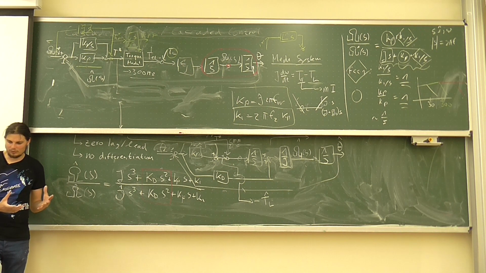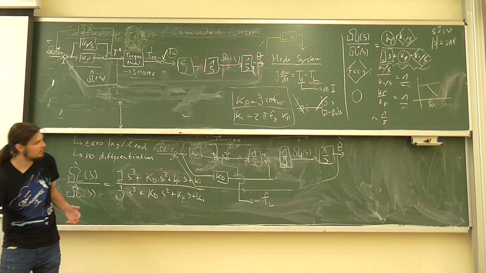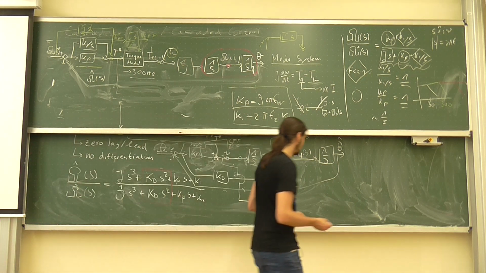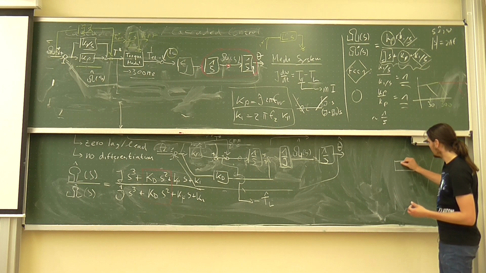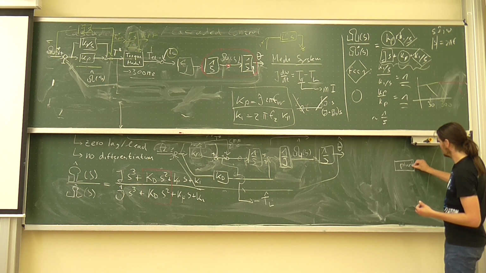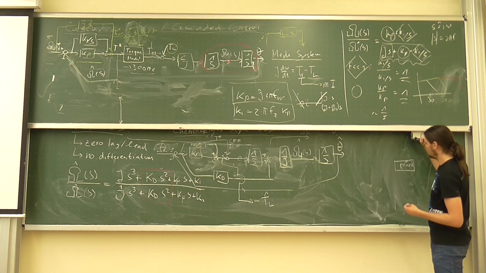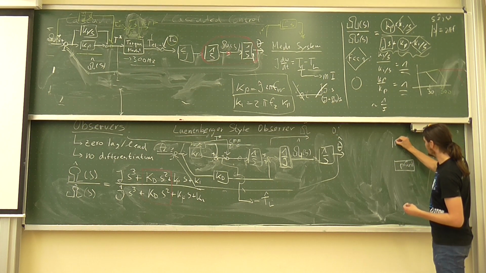But in essence, what we have to boil it down to, the Luenberger observer, all that it is, is that we have a model of the plant. We have the actual plant.